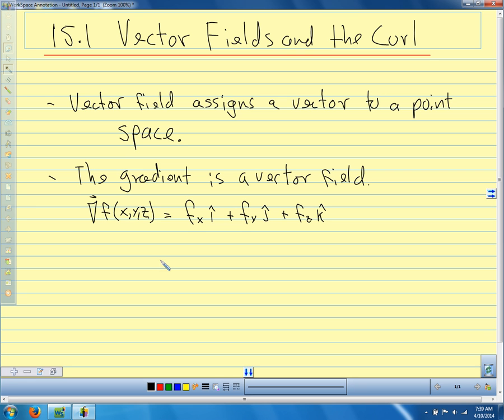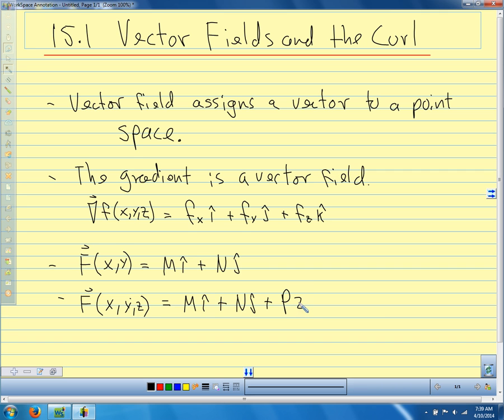Now the notation that we're going to use: we will say our vector field F of x, y in the plane is usually M i hat plus N j hat, or if we're in space, we have our vector field F of x, y, z, and we say M i hat plus N j hat plus P k hat.